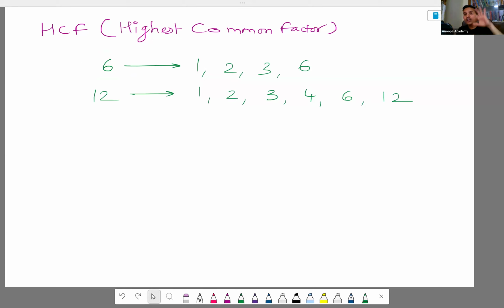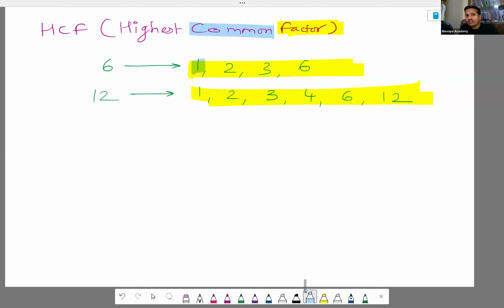Perfect. All of you listen. Please stop writing. We are going to understand what HCF is. For the numbers for which I want to find the HCF, first of all, I write the factors. Now I will see the common ones: common is 1, 2, 3, and also 6.